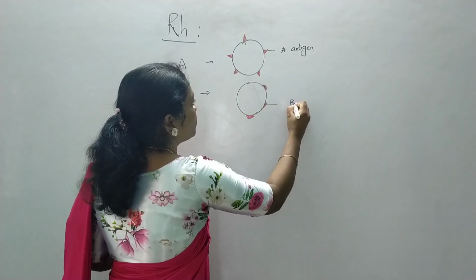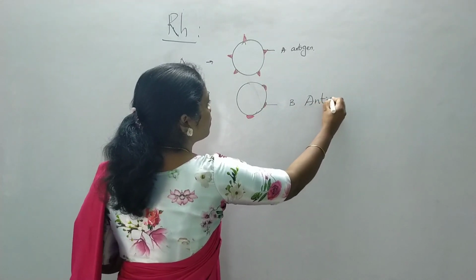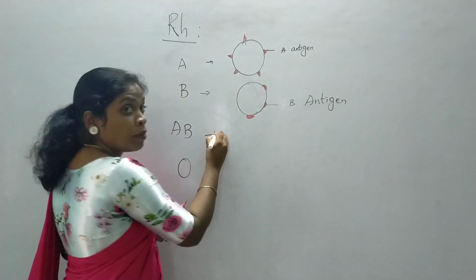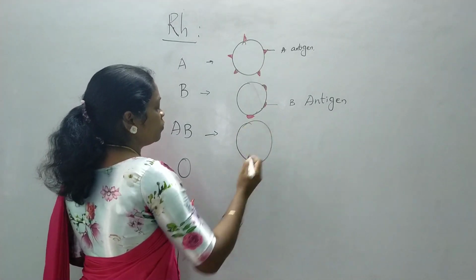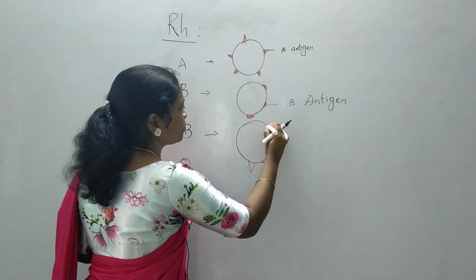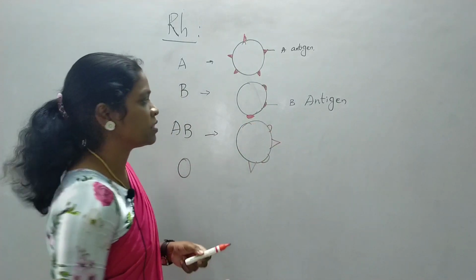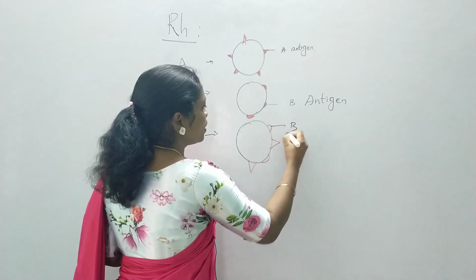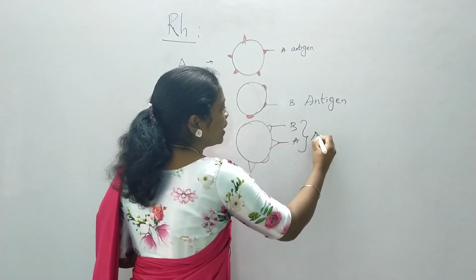AB blood group people will have both the antigens on the surface of RBC, B and A antigen.